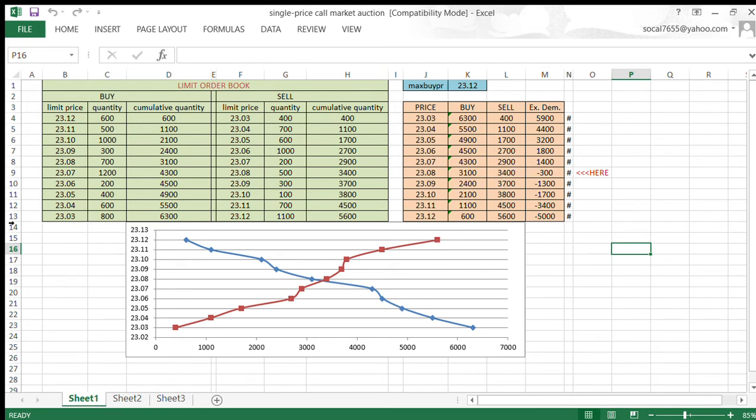If the opening price is 2308, that means, I'll go over here, anybody who was willing to pay 2312 is going to get what they want, and 2311, 2310, and all of these quantities, all of those are going to execute, okay?